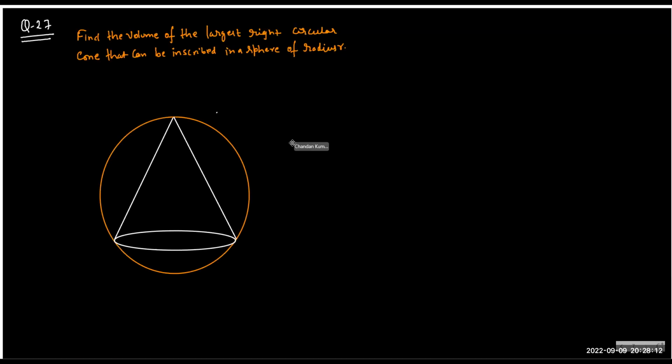So this is the diagram that we can imagine. And the center of the sphere is somewhere here. From the geometry, we know that center to any vertex will be, so center to any vertex, what is the value? R, right?